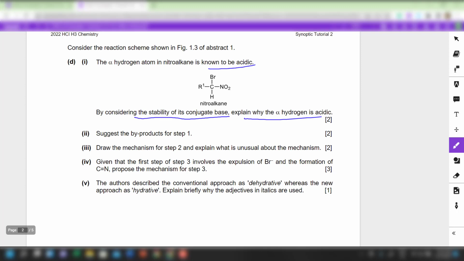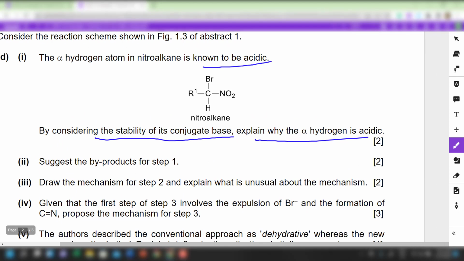So it cannot be like an H2 kind of response, where you simply say that the negative charge on the carbon delocalizes over the N=O double bond. I mean, that is fine, but in H3, a slightly more rigorous approach might be necessary. In that case, you do not need to show the deprotonation step.